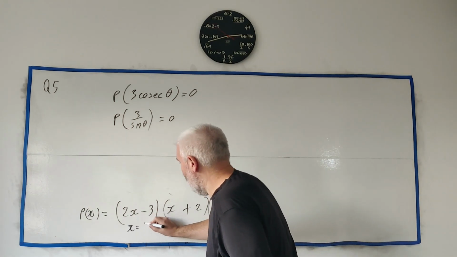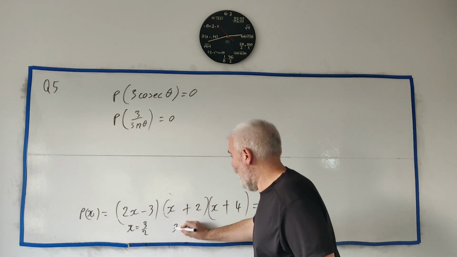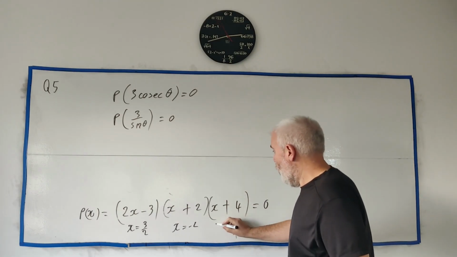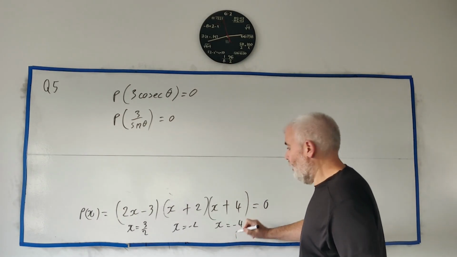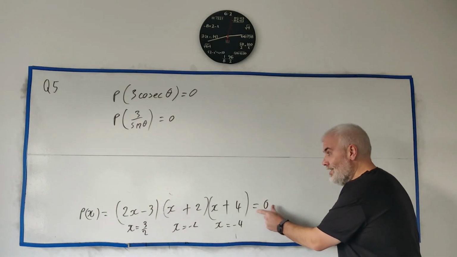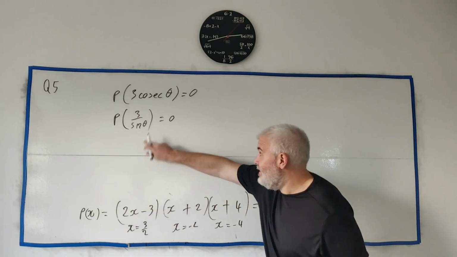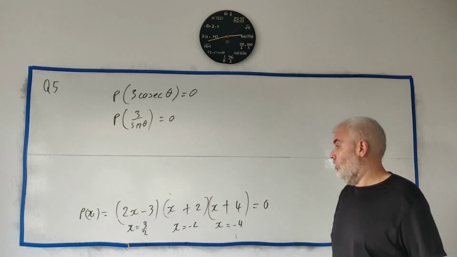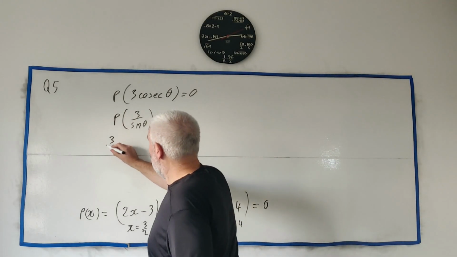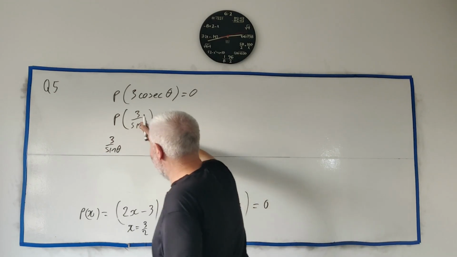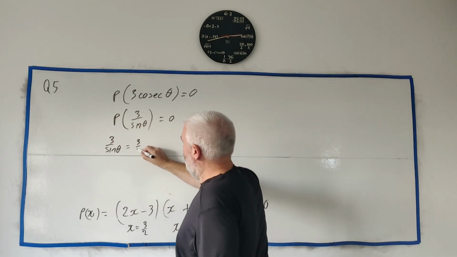We know x is equal to 3 over 2, or x is equal to minus 2, or x is equal to minus 4. When this equals 0, it's really easy to solve because we factorized it. It just means that this 3 over sine theta, instead of x, is equal to 3 over 2.